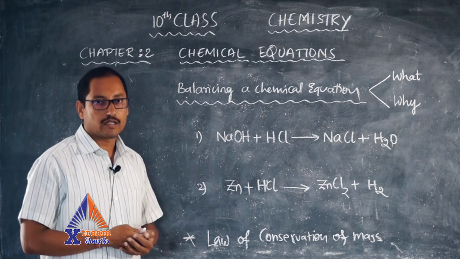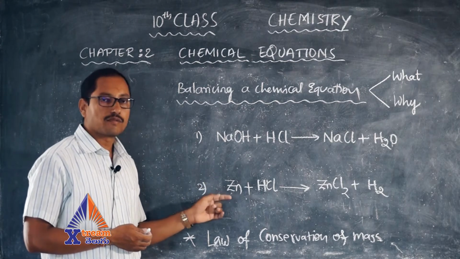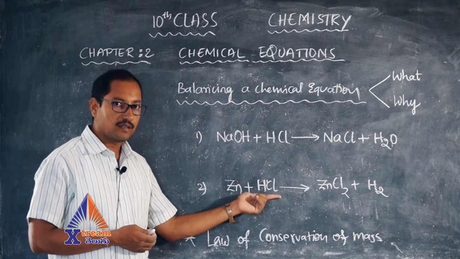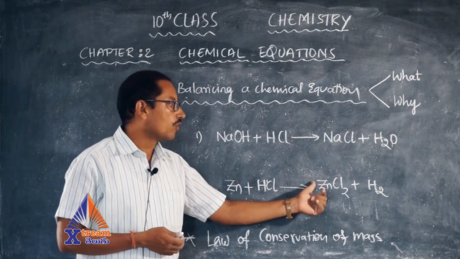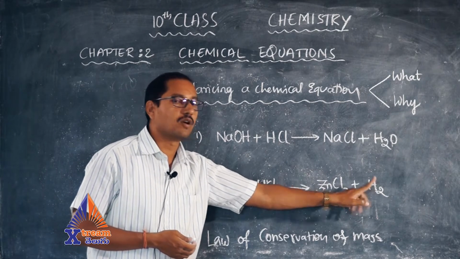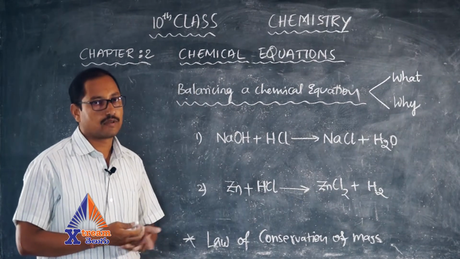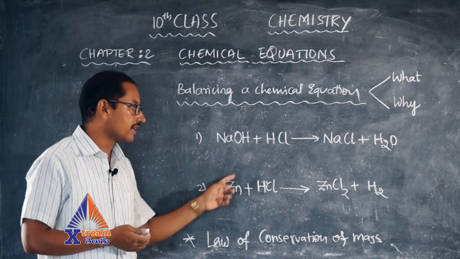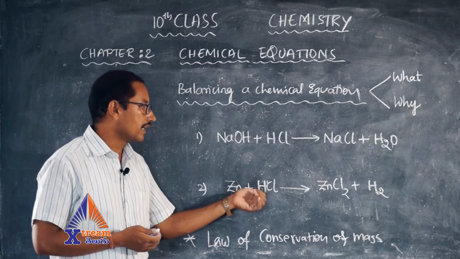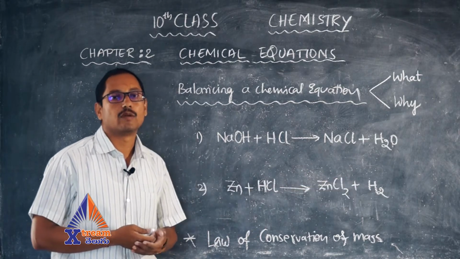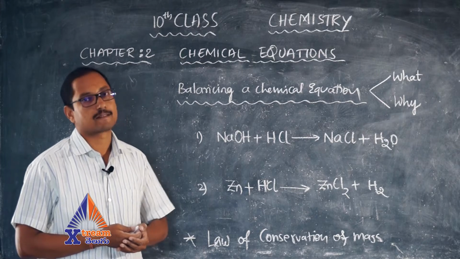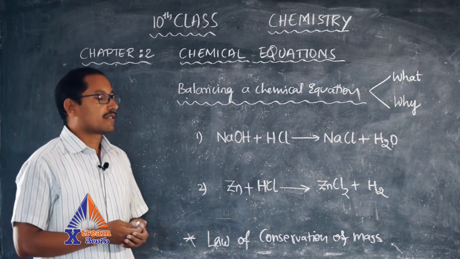The second equation, let us see: one molecule of Zn reacts with one molecule of HCl to give us one molecule of ZnCl2 and one molecule of H2. The reaction here is also very simple. Zn reacts with Cl to give us ZnCl2, and H which is there will be liberated as gas, hydrogen gas.